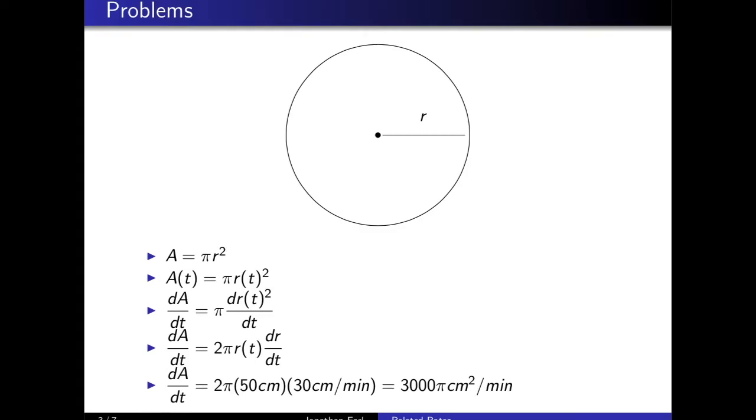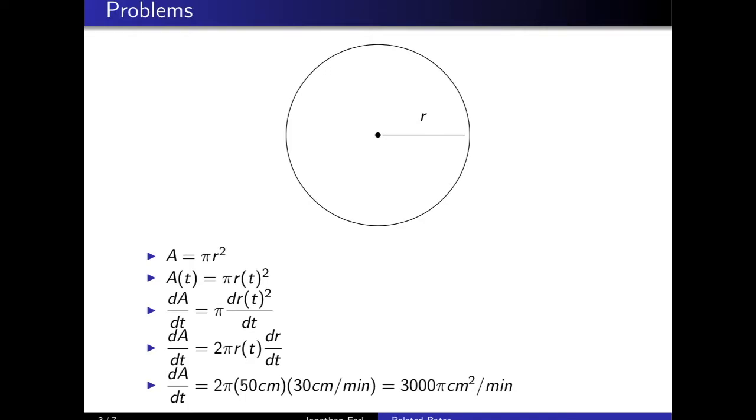So we'll do implicit derivatives. We'll take our derivative on the left-hand side, get dA by dt, and then on the right-hand side we'll have a chain rule. So we have the derivative of r of t squared with respect to t. From our chain rule, we'd know that that would give us 2r of t times dr by dt, with that pi out in front because it's a constant.